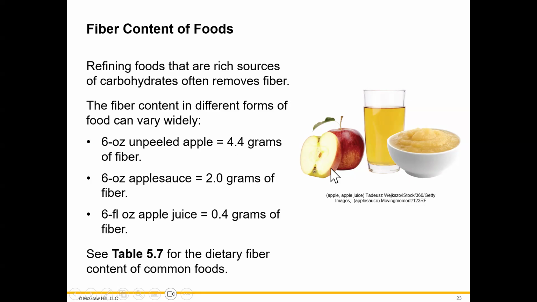When you take off the peel and puree just the apple flesh, that gives you applesauce, and that is 2 grams of fiber. And then if you only juice the apple, you don't eat the peel, you don't eat the pulp, you only drink the juice, notice how you've gone down to less than half a gram of fiber.